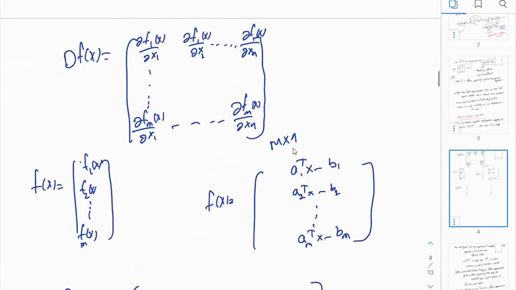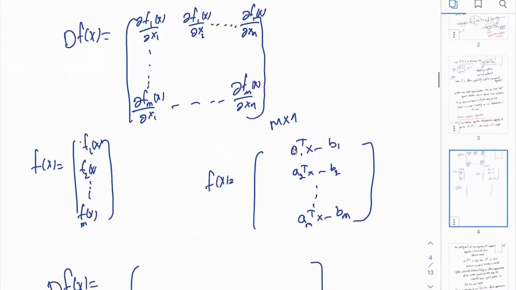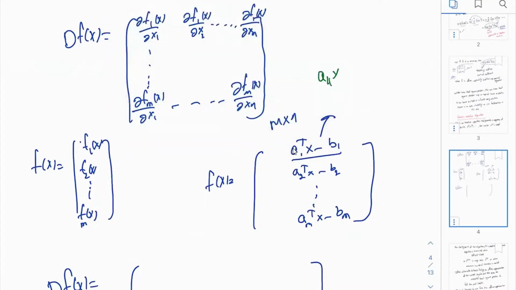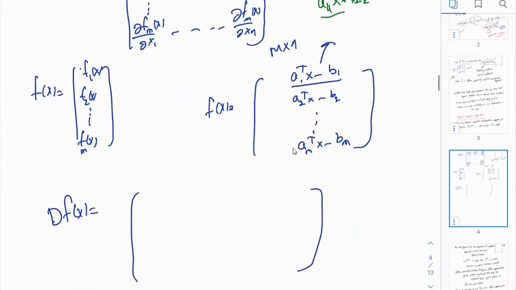So f1 of x with respect to x1. What is this quantity here? This one becomes a11 x1 plus a12 x2 all the way to a1n xn minus b1, right? This is the first row. So if you take it with respect to x1, you get a11.